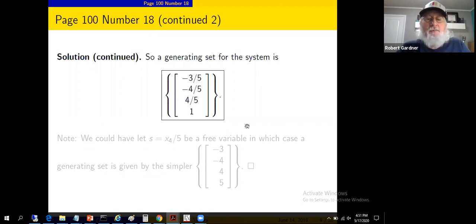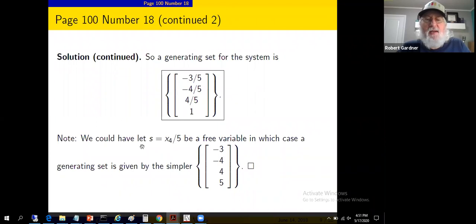There's an answer. Here's a little bit more detail. We could have done this with a different free variable, the x sub 4 over 5 thing. That would have effectively multiplied all these components by 5. Well, it gets rid of the fractions. Notice it changes the last one from 1 to 5. Same manipulations. The book will do that when you look in the solutions manual or the back of the book.